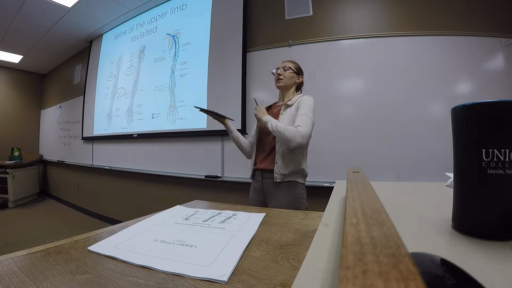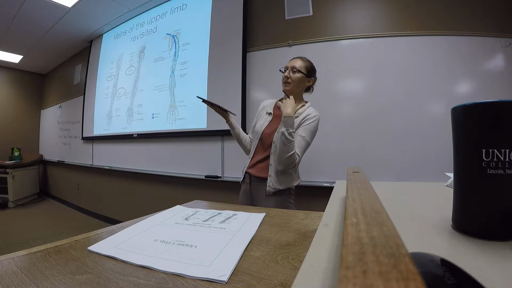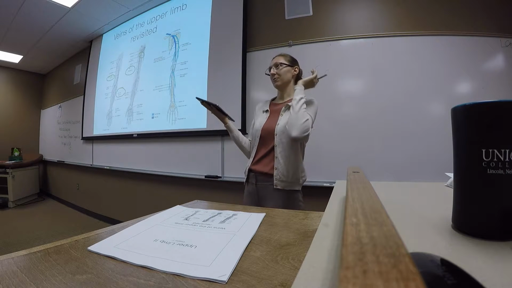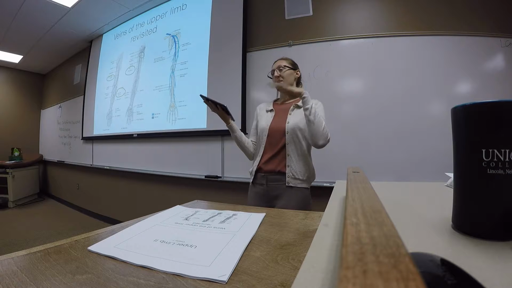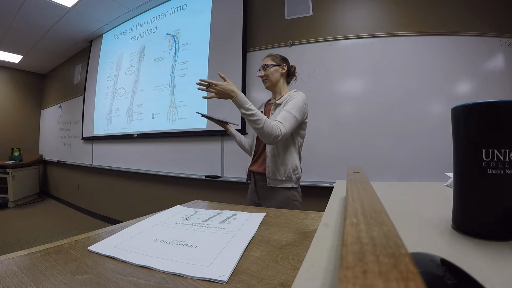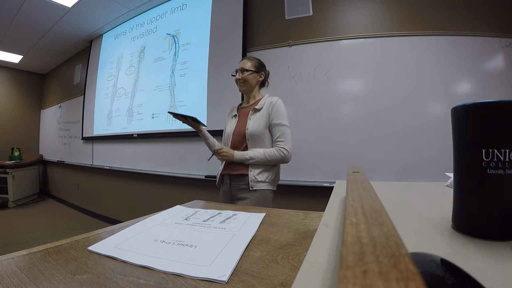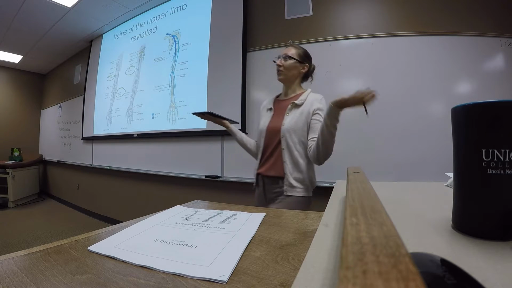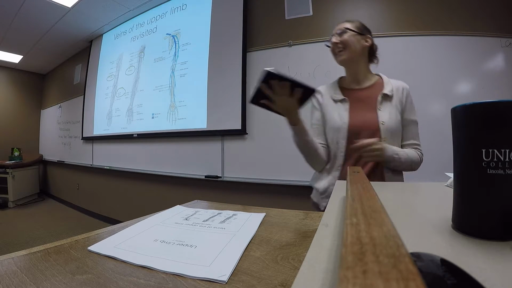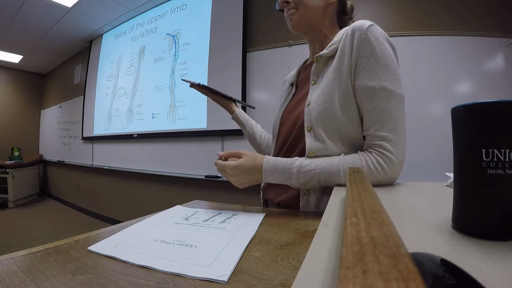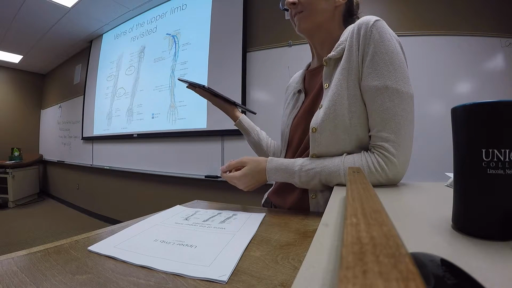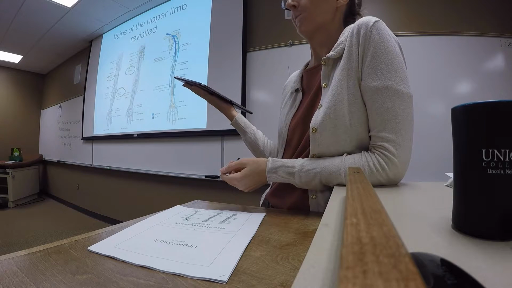Whether you talk about the basilic vein as a continuation of the axillary vein or the brachial veins as a continuation of the axillary vein depends on who you talk to and how they learned it. So, joy of anatomy, nobody can agree. Questions? So, the brachial is deep. Mm-hmm. And then the basilic is the superficial.